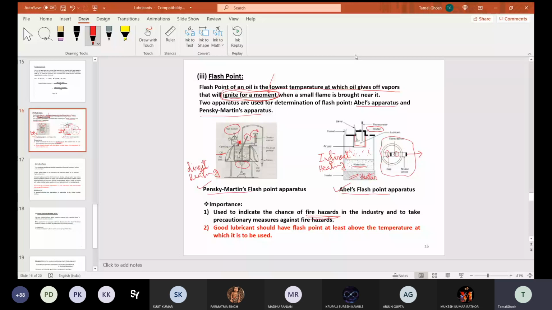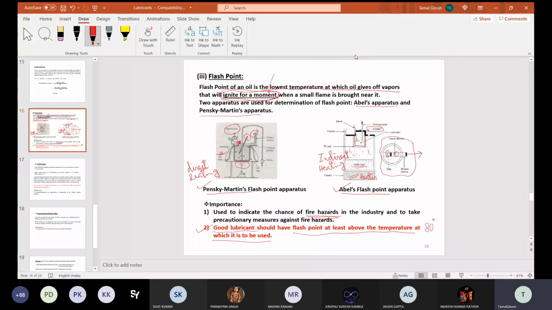Now the question is how to avoid the fire accident. That can be done by considering this: whenever we are choosing a lubricant, a good lubricant should have a flash point at least above the temperature at which it is to be used. Suppose the temperature of use is, say, 80 degrees Celsius.